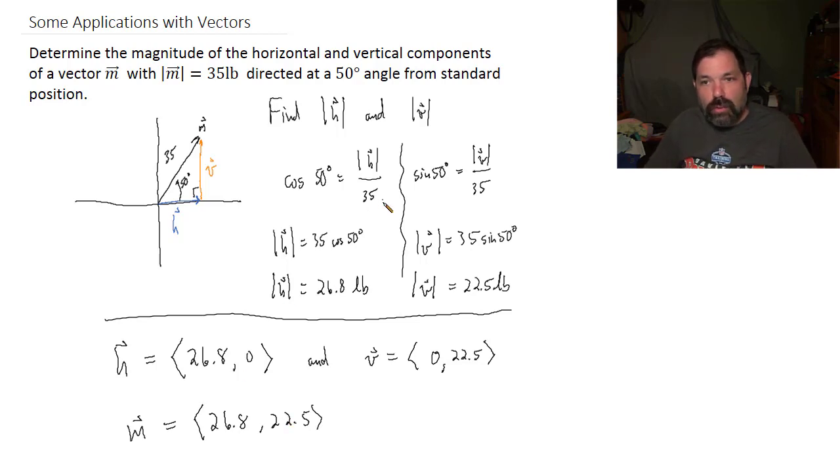And in general, we can do this with any vector.